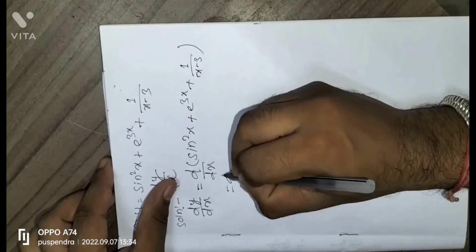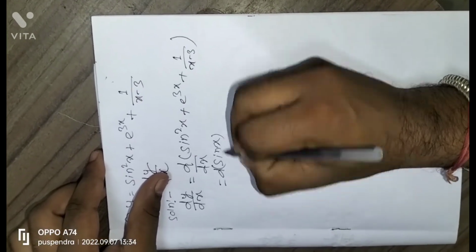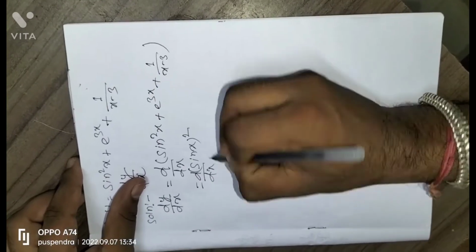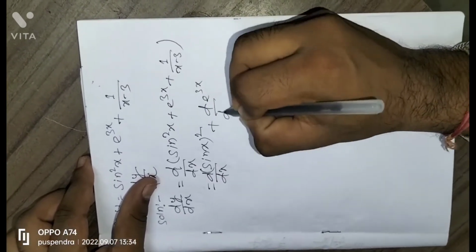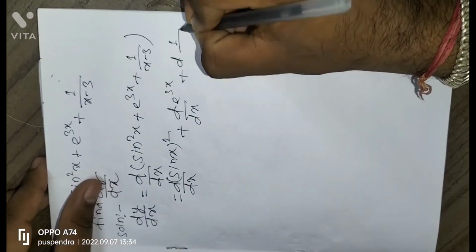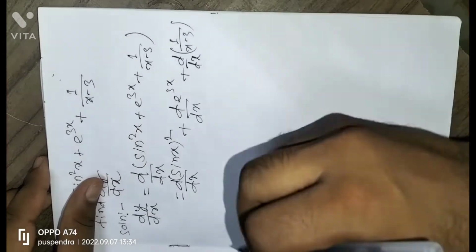every term. d of sin x to the power whole square, we can write this, plus d of e to the power 3x by dx plus d of 1 by x minus 3 with respect to x.